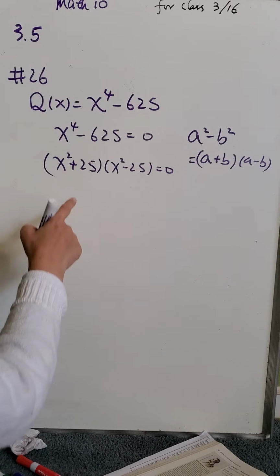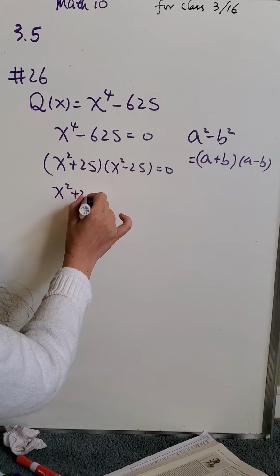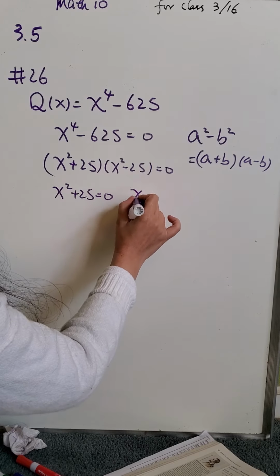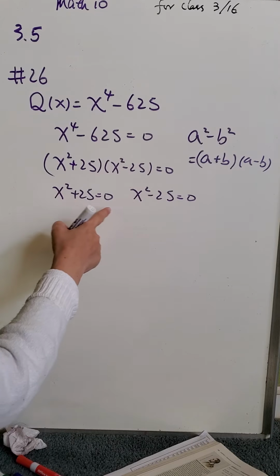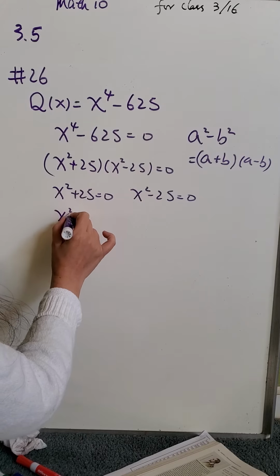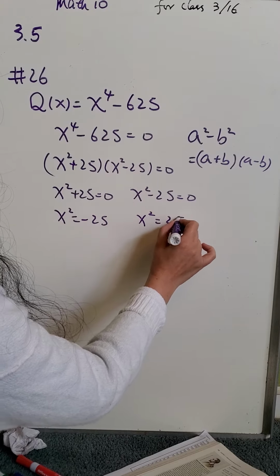So x squared plus 25 equals 0, x squared minus 25 equals 0. And this one we can take to the other side. So we have x squared equal to negative 25, x squared equal to 25.